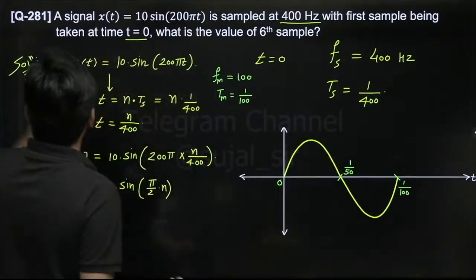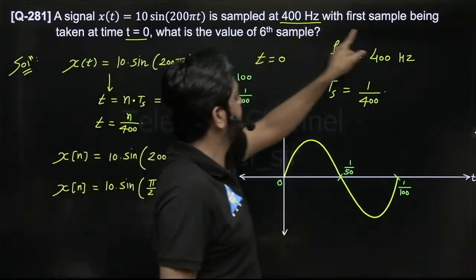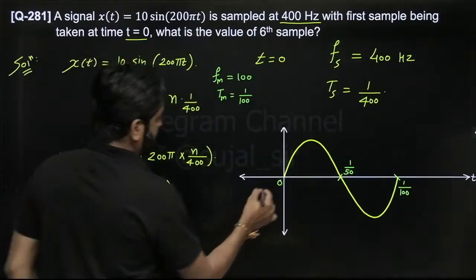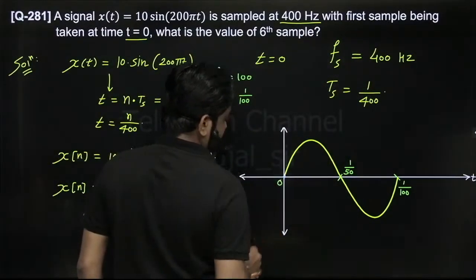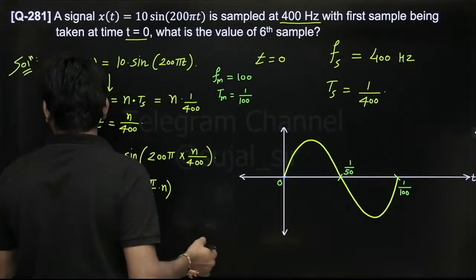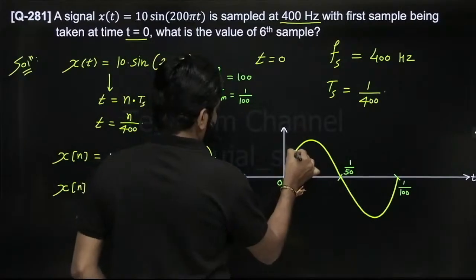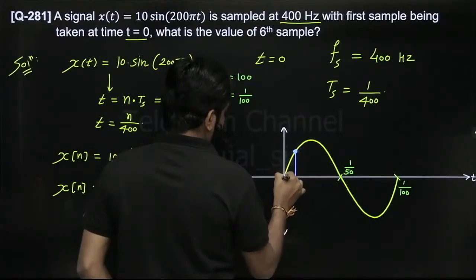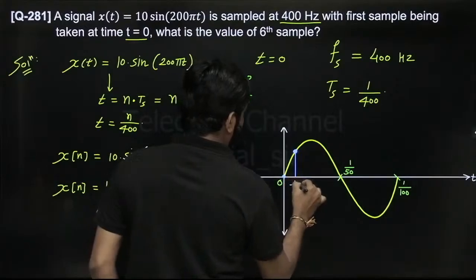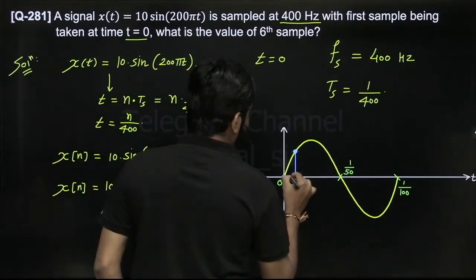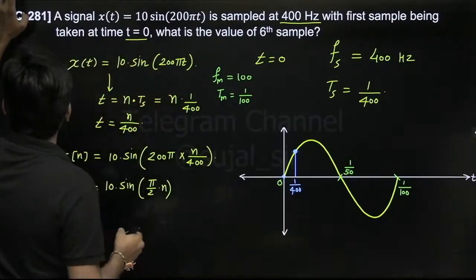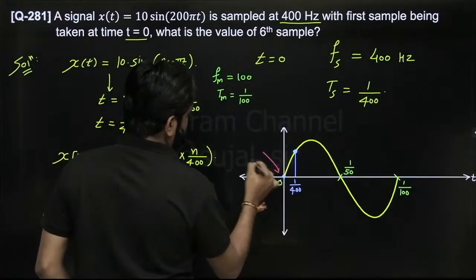Now they are saying that the first sample is being taken at t equal to 0. So at t equal to 0 is the first sample, then n equal to 1 gives the second sample at 1 upon 400.